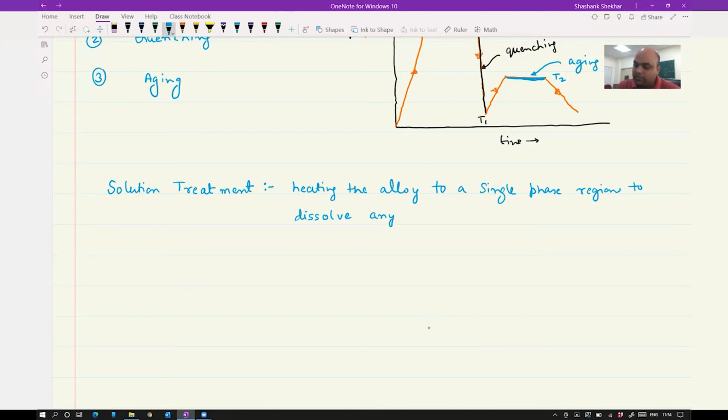I will explain all this, okay? Just wait. So we are heating the alloy to a single phase region so that we can dissolve the precipitates. Okay. Now the next is quenching.